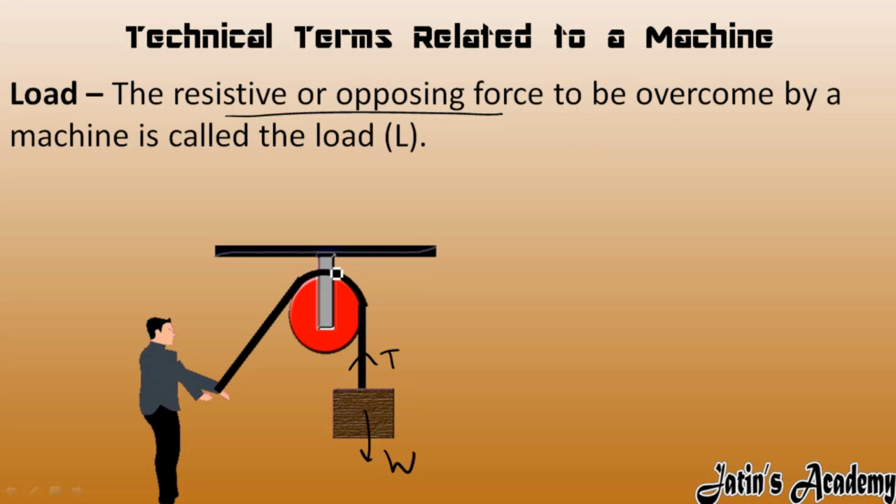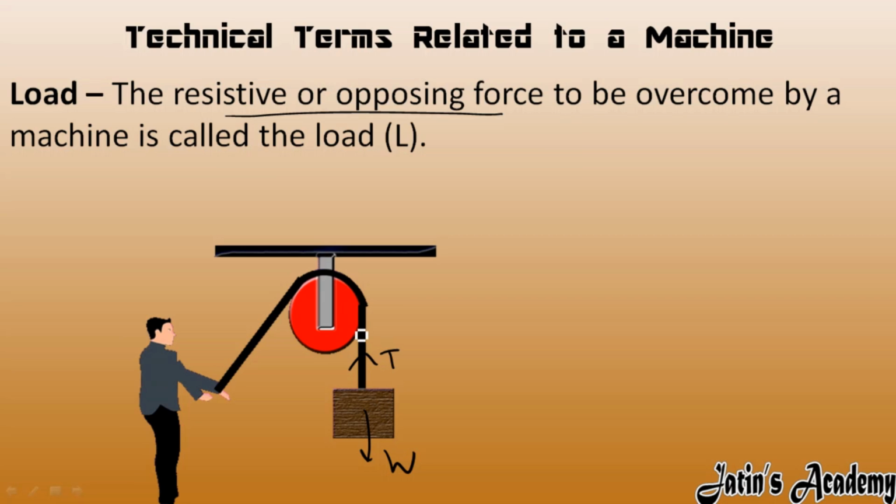So this is a resistive or opposing force which is to be overcome by this machine. This is called a load, or simply you can understand it as the force applied by the machine on the block.